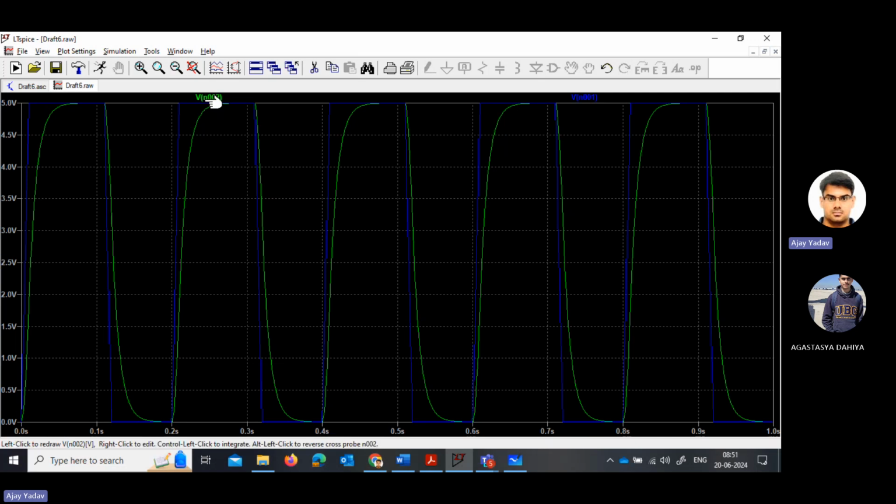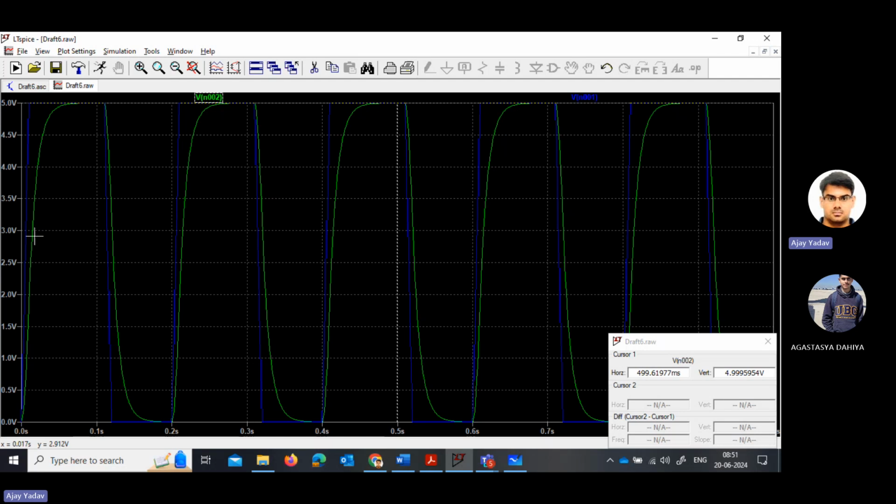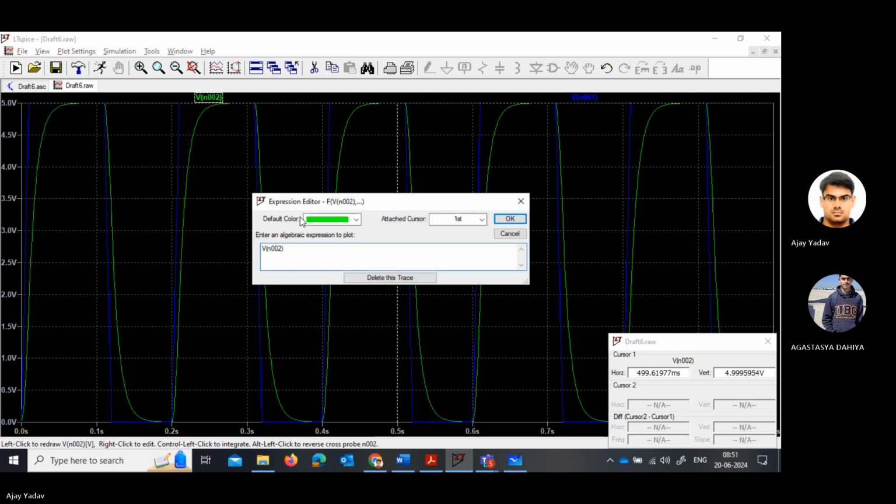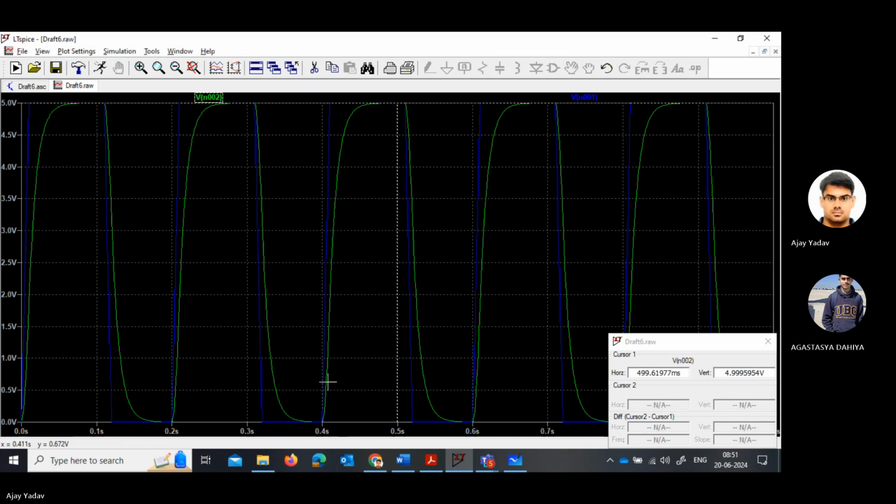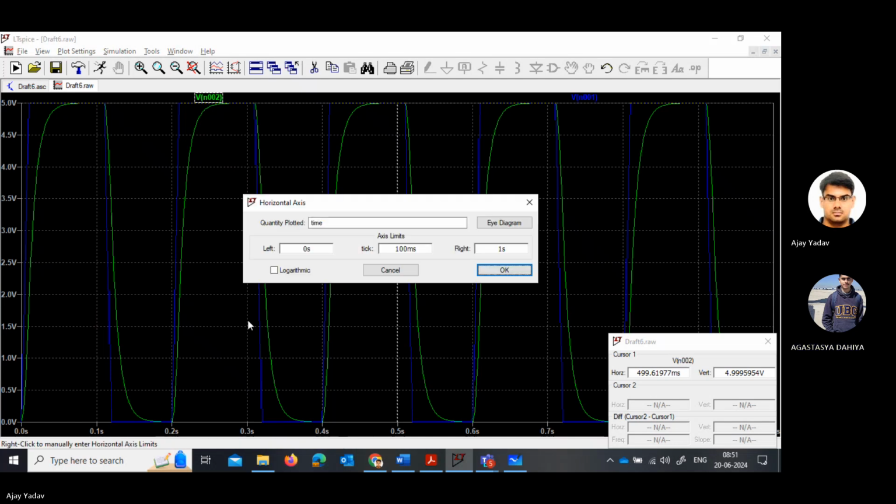So when you go here and move the cursor, I think here. So here I will try to make it within 0.1 second, so that we can zoom it and do this analysis in a good manner.